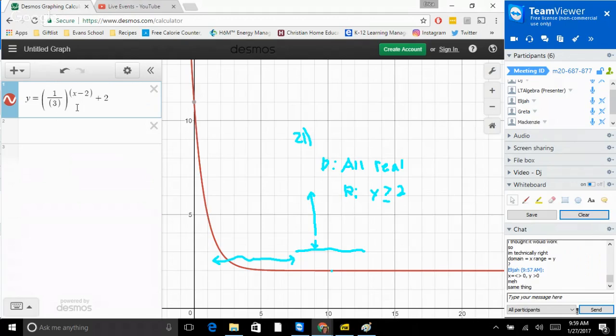It's going to get really, really close, out to like 50 decimal places, but it's never going to be 0, technically. So the domain would be all real numbers, and the range would be y is greater than 2.